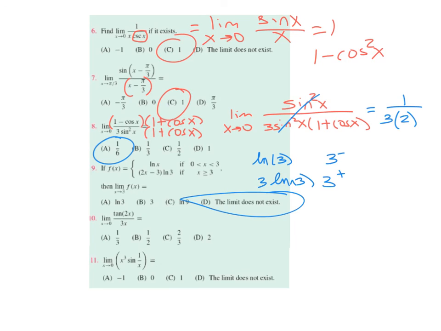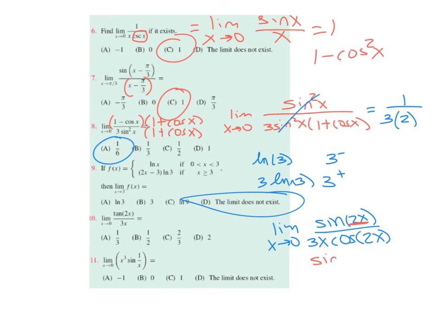So for this one, we need to rewrite tangent as sine over cosine. So the limit as x approaches 0 of sine of 2x over 3x cosine of 2x. So I need a 2 on the bottom to go with this.